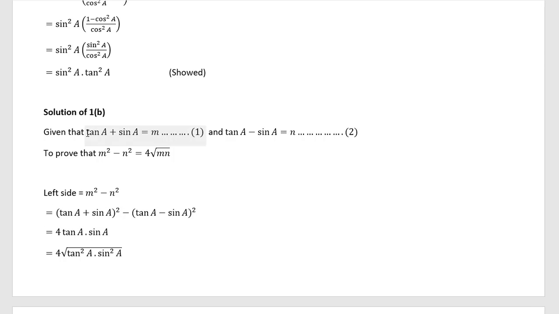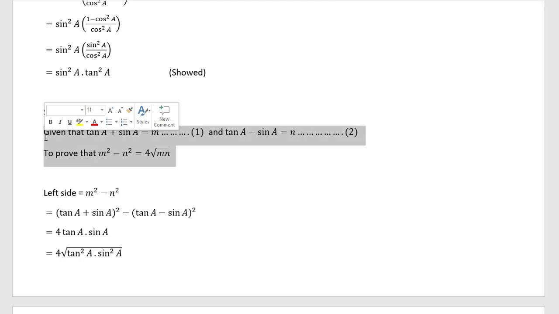We are given that tan A plus sin A equals m, put it in equation 1, and tan A minus sin A equals n, put it in equation 2, and we have to prove that m square minus n square equals 4 root over mn. Writing this before starting the math is a good practice, because you don't have to go to the question frequently to see what to do now.